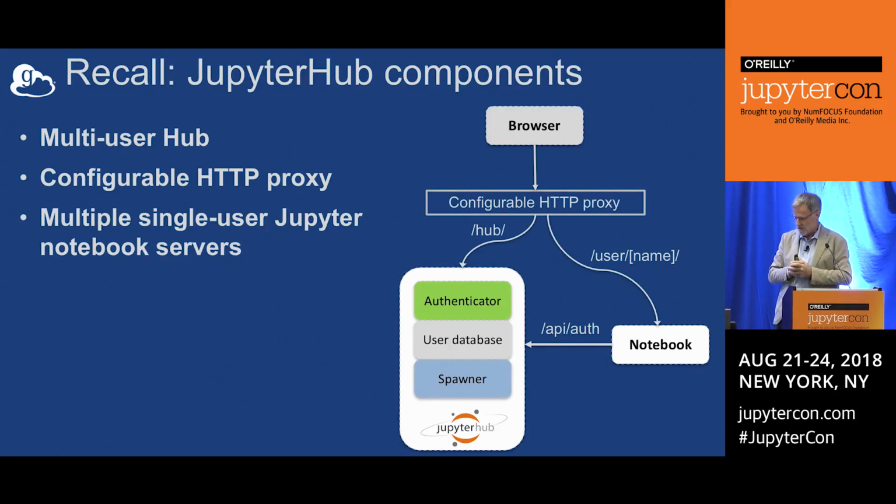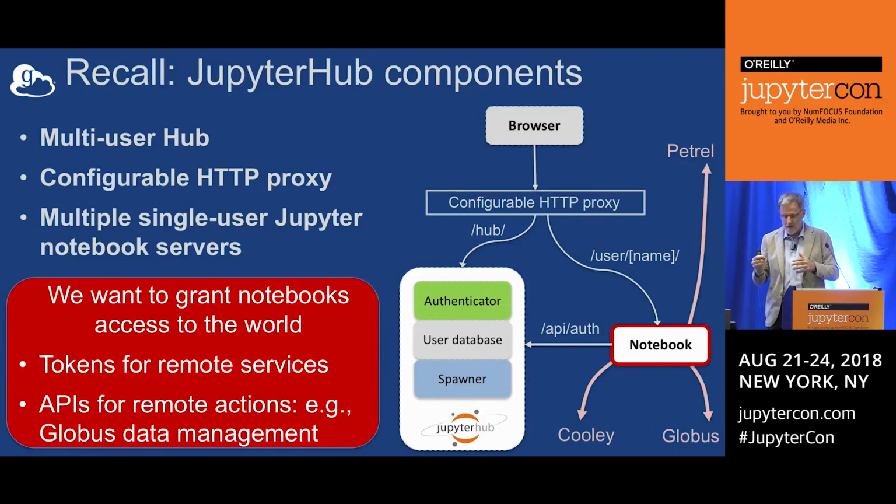You interact initially with this hub system where you can ask it to create notebooks on your behalf, and then you can run those notebooks and they can do various things. Mostly they can do local things. What we're going to do is talk about how we can allow them to access resources anywhere, at least any resource that is accessible via appropriate OAuth operations.